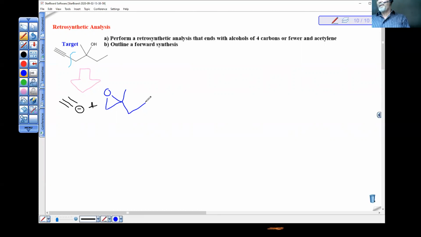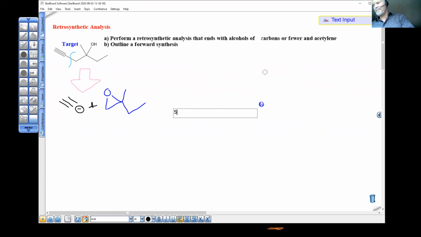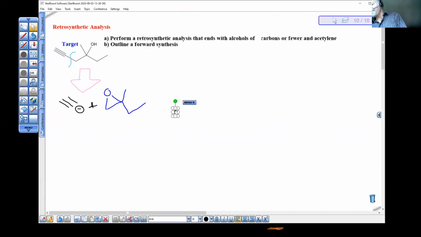Get my eraser here. And go small. Sneak a 5 in there, see if I can get away with it here. Close enough. 5 carbons or fewer. All right. Now, this is not acetylene, and this is not an alcohol with 5 carbons or fewer.